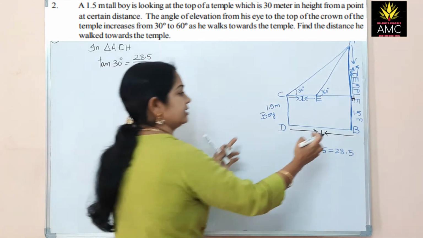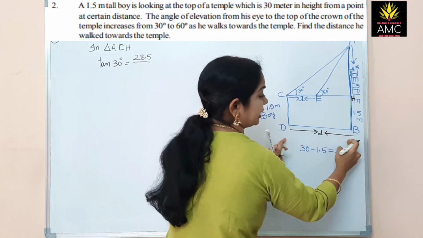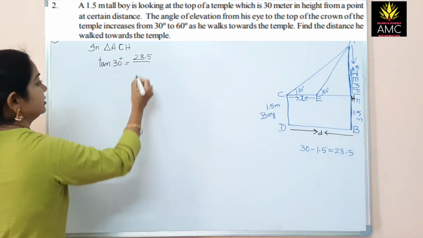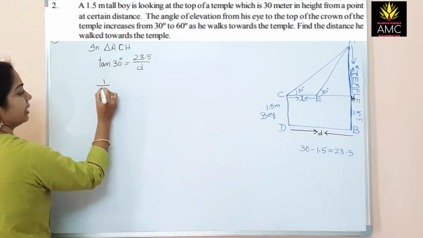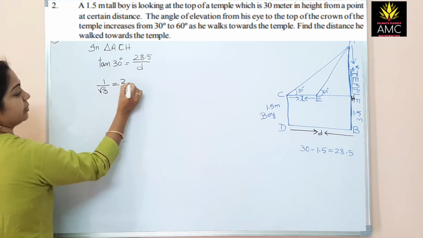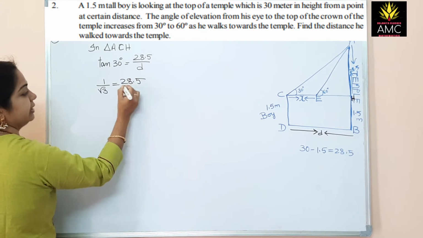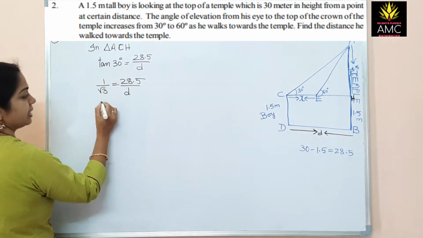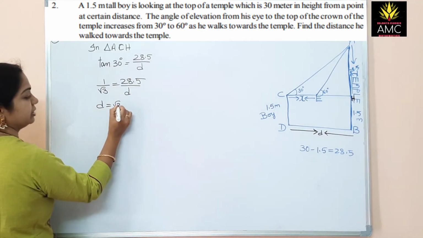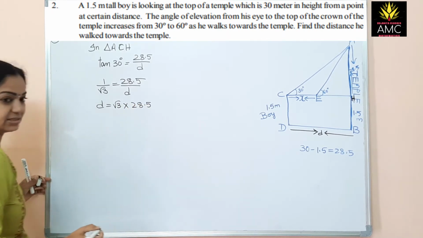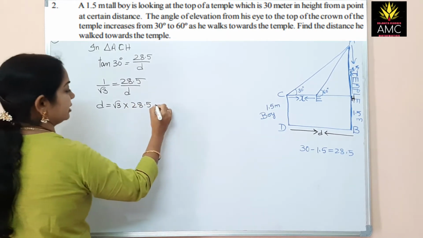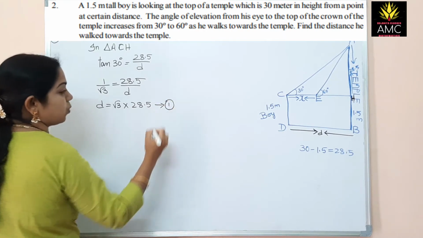The adjacent side is nothing but D. Now tan 30 degrees is clearly 1 by root 3, which is equal to 28.5 by D. Cross multiply: D is equal to root 3 into 28.5. Keep it as it is, as equation 1.